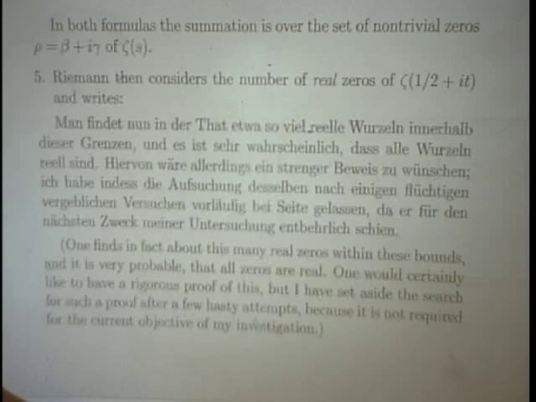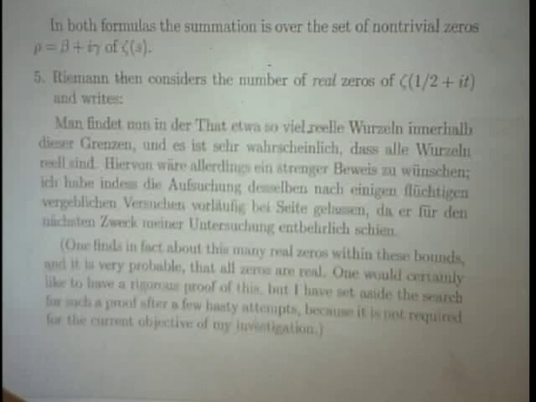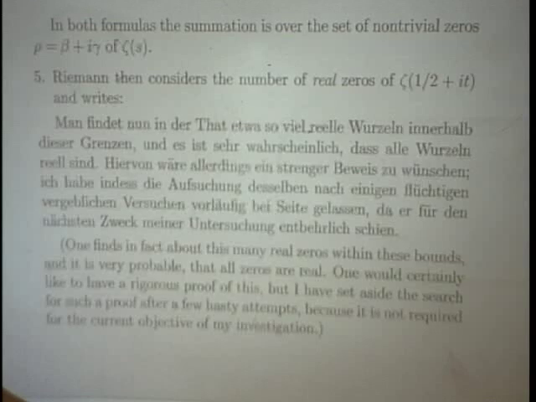Riemann wrote, one finds, in fact, about this many real zeros. He's speaking there of the number of zeros that occur with real part equal to 1/2. So one finds, in fact, about this many real zeros within these bounds, and it is very probable that all the zeros are real. That's the Riemann hypothesis.